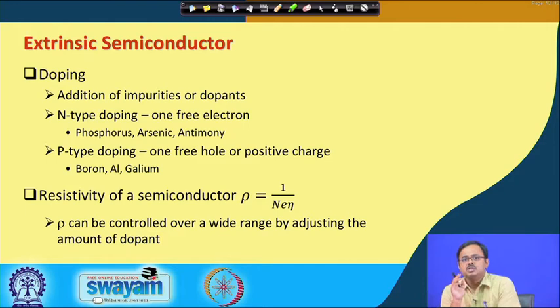So, the concentration of dopants in that silicon is going to determine what n is, the concentration of free charge carriers, whether electrons or holes. So, by adjusting the concentration of dopants, one can play around with the electrical resistivity of a semiconductor.